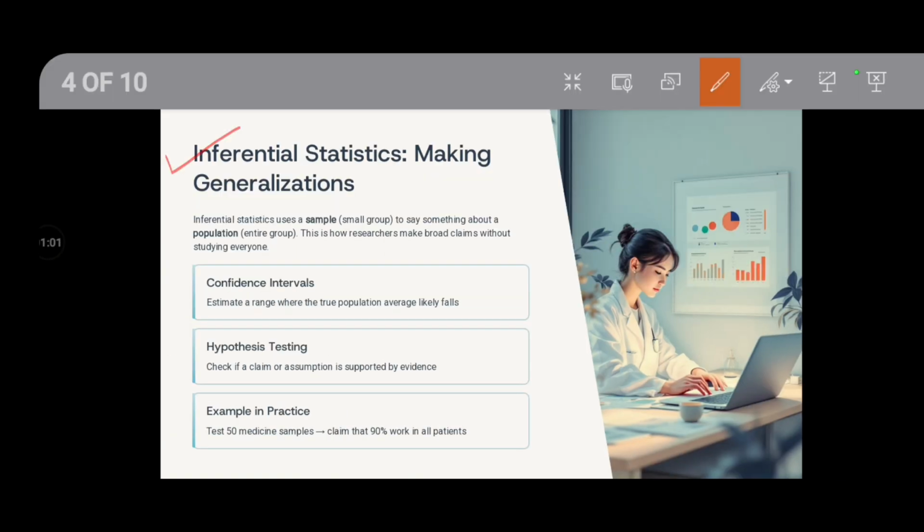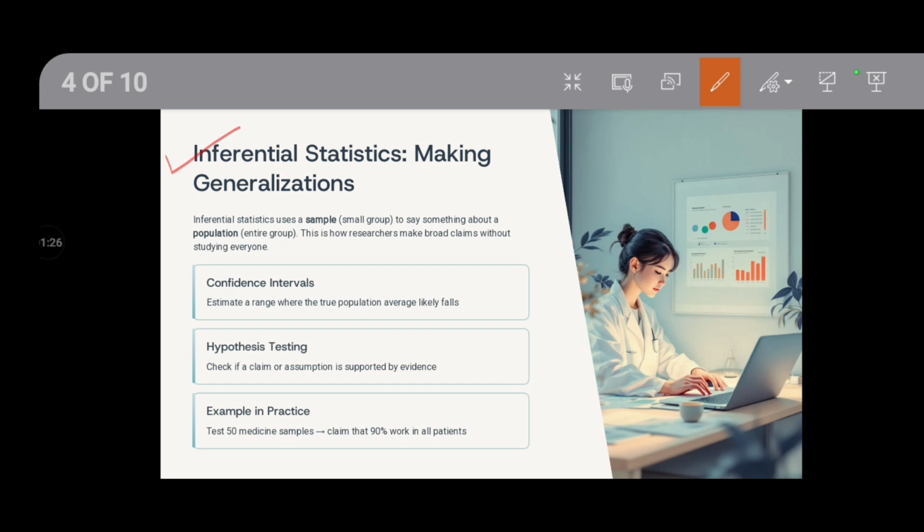This is all about making generalizations. Inferential statistics uses a sample to say something about a population. This is how researchers make a broad claim without studying everything. As I told you previously, if you have to make a decision, we will take a population, and from the population we'll take a sample, instead of collecting every piece of data from the population.